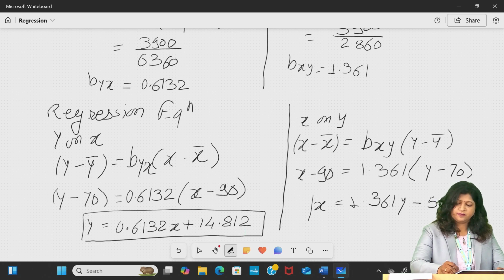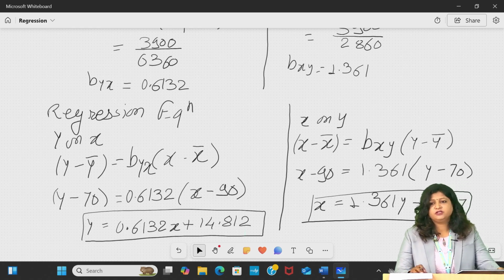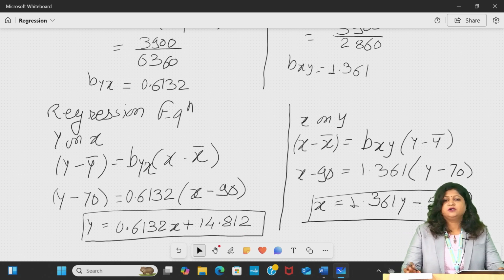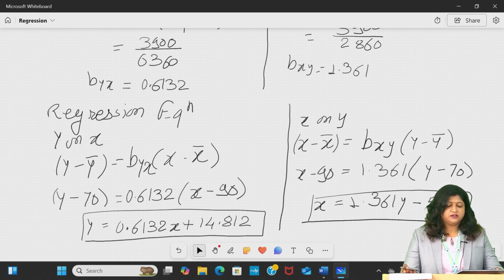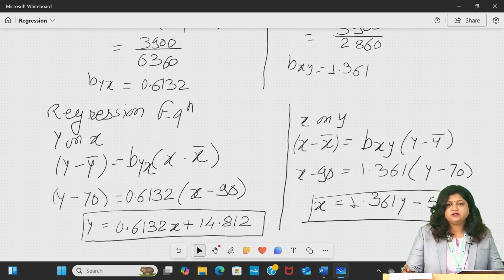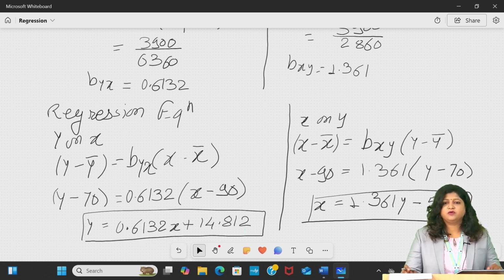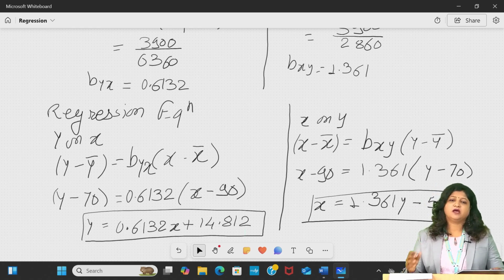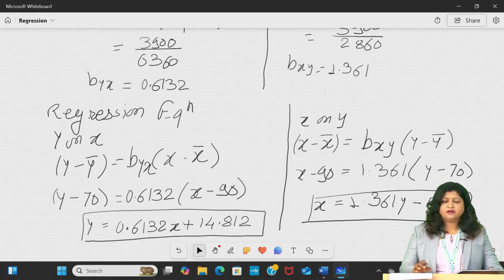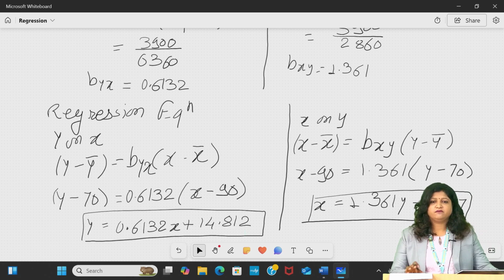minus 5.27. Now, how do we interpret these two equations? These two equations show the dependency of one variable on another variable. In the first equation, x and y are both unknown, but when we have to predict the value of y and we have the value of x, we can calculate the dependent variable value.